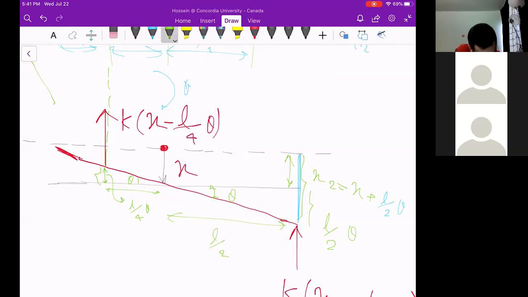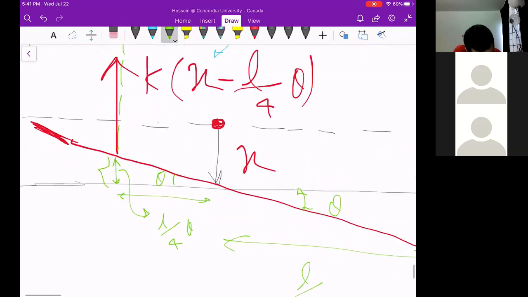Based on our coordinate, at the static equilibrium position we measure the displacement for the left spring, so the total deflection is x minus L over 4 theta.